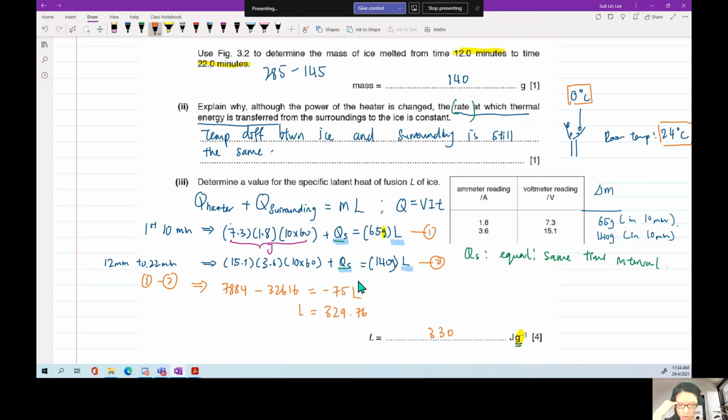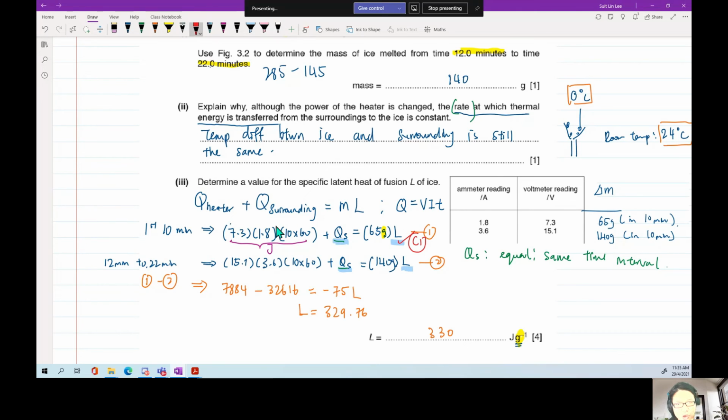If they want it in joule per kilogram, then you have to convert this 65 and 140 to kg by dividing by 1000. So then the answer will be multiplied by 1000. But the part is rudimentary, so this is why it's 4 marks. Starting with this equation is 1 mark. So you know that there's heat loss.